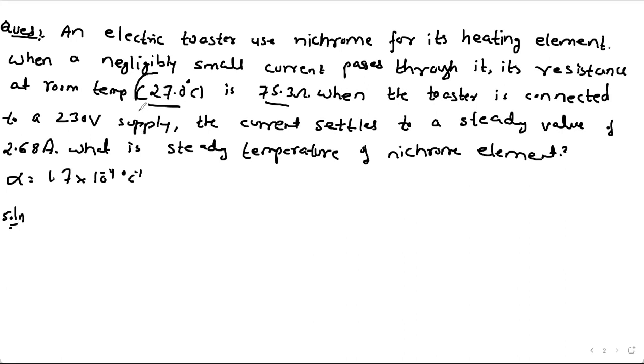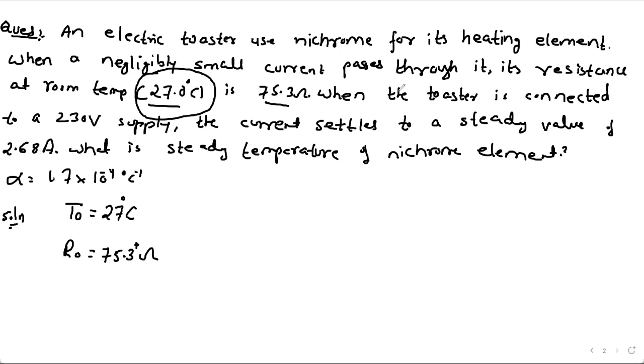This lower temperature, which is room temperature, is your reference temperature, that is T naught. So your T naught is 27 degrees Celsius. This is your resistance at this temperature, so that is your R naught, which is 75.3 ohm.